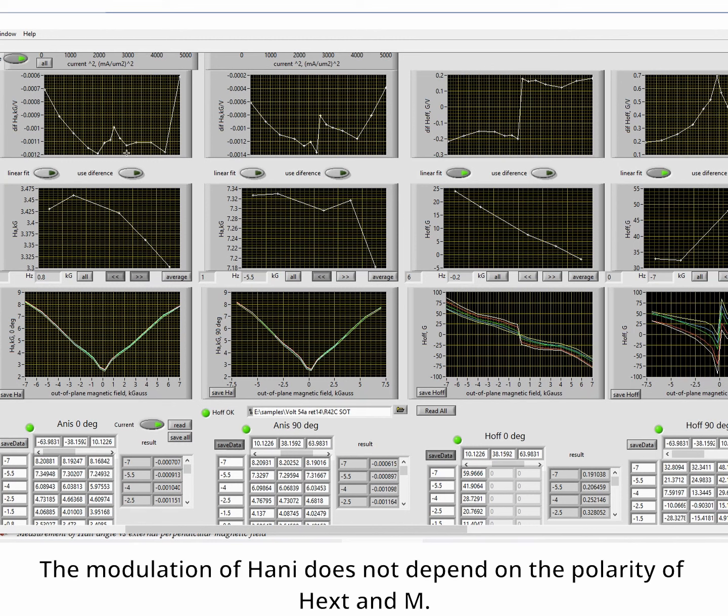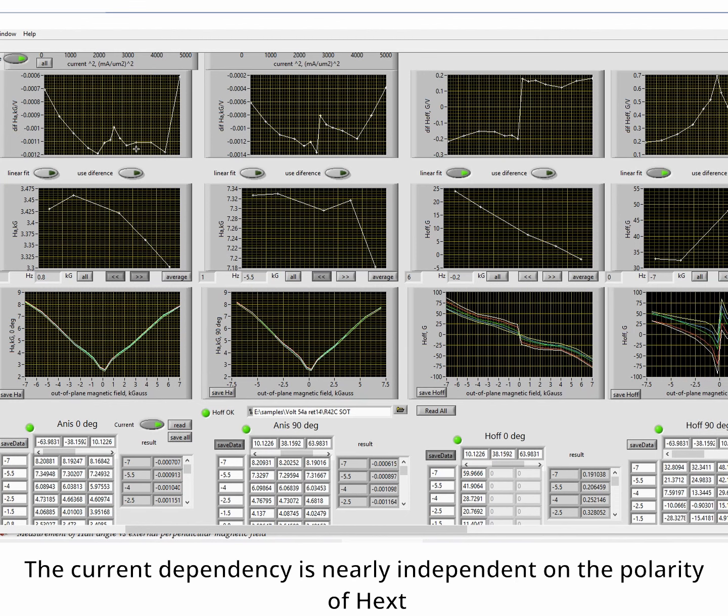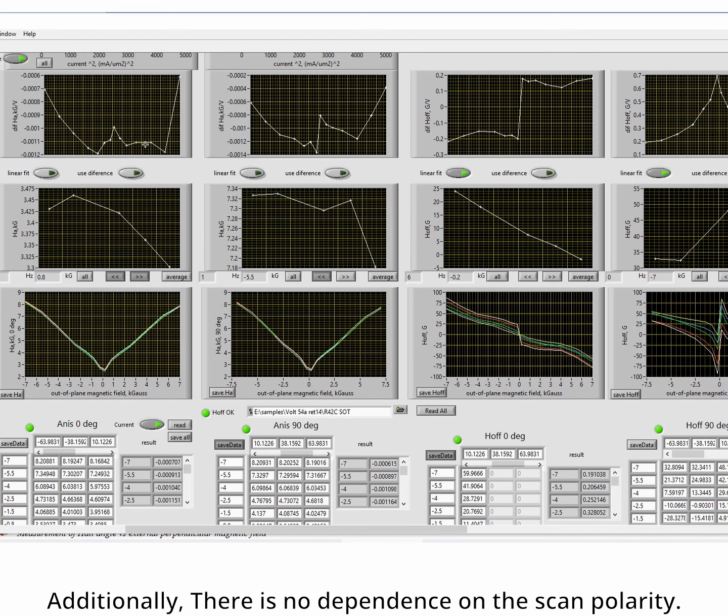The modulation of anisotropic field does not depend on the polarity of the external magnetic field or the magnetization of the nanomagnet. It's the same for the positive and negative parts of the external magnetic field. Additionally, there is no dependence on the scan polarity. The current dependency of anisotropic field is the same for two scans, along the current and perpendicularly to the current.